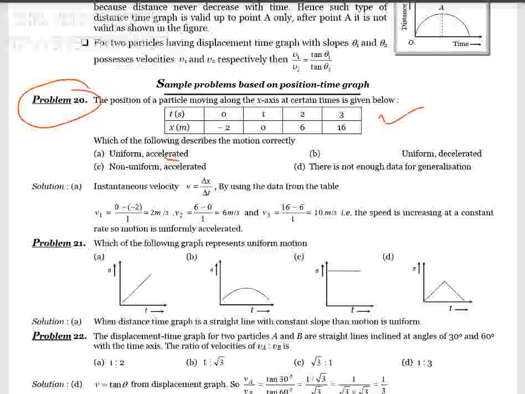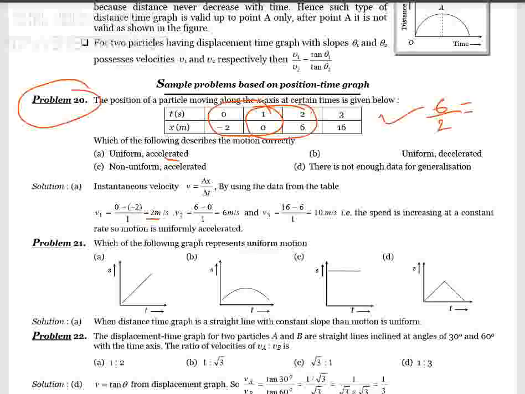When you calculate the velocity from the first, let us take these 2 points. That is 2 minus 0 over 1 minus 0, which is 2 over 1. Therefore, the velocity is 2 meters per second. For the second, let us take this: 6 minus 0 is 6, divided by 2 minus 1, which is 2.